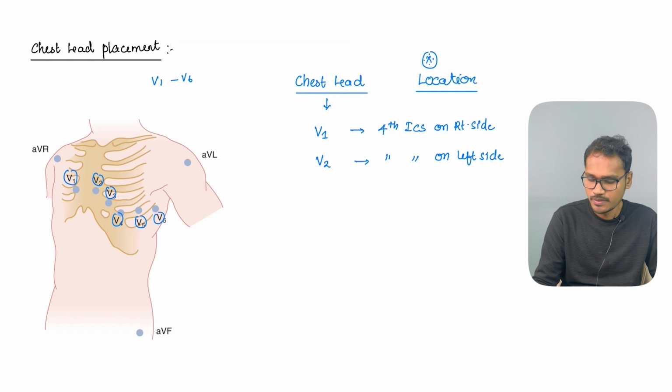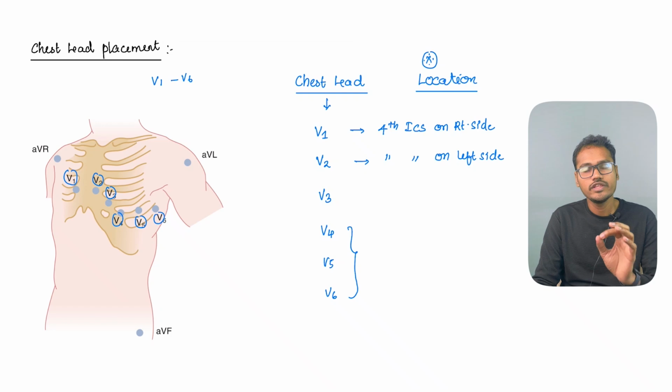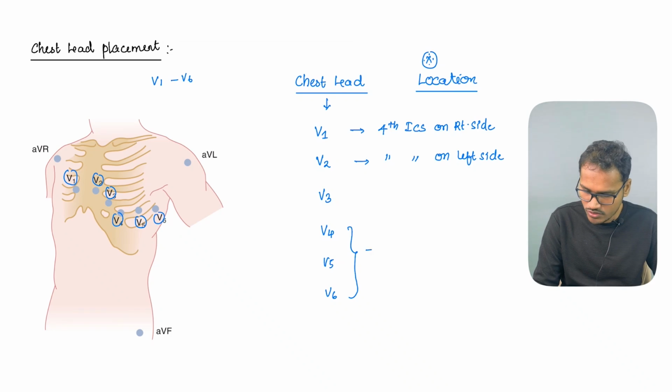Then V3 does not have any specific space. V4, V5, V6, all of them share a common space. They are going to be placed in the 5th intercostal space. Among them, V4 is going to be in the mid-clavicular line.